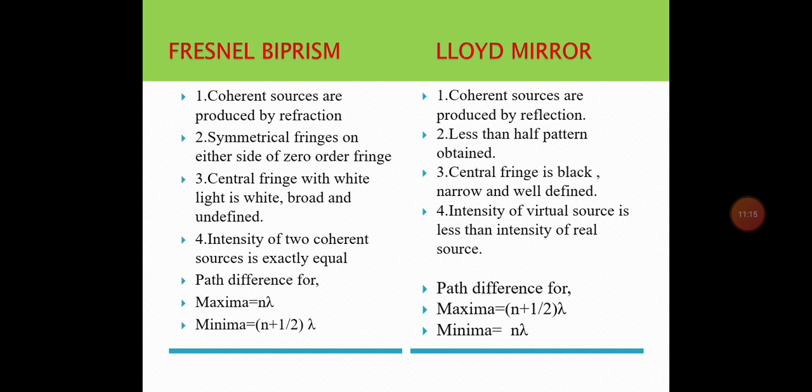Generally with white light we obtain colored fringes, but if with white light we obtain dark and bright fringes, then these fringes are called achromatic fringes. So we can say that achromatic fringes are similar to the fringes which are obtained from monochromatic light. So this was an extra advantage of the Lloyd mirror.